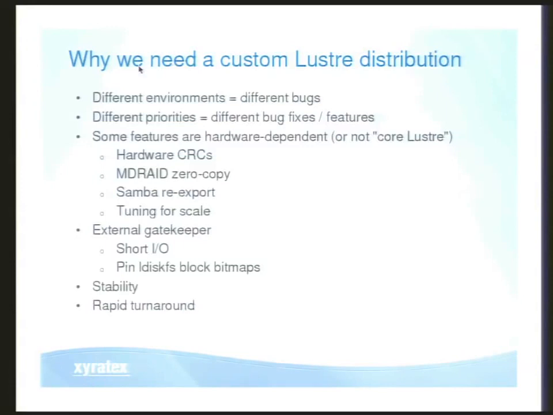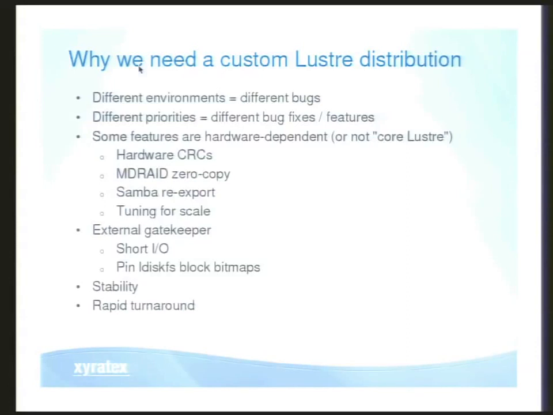Another reason we need our own custom Lustre distribution is for stability. We need a system that is not taking any and all patches that may very well improve the Lustre tree and may very well add features, but any feature landing involves risk. So we have to be able to make our own evaluation of risk, not only of our own features, but of upstream features as well.